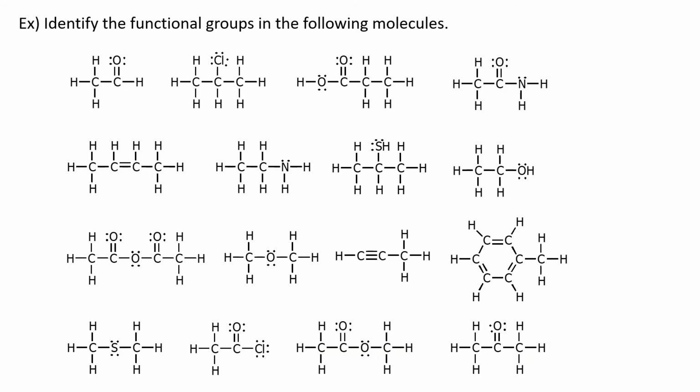Now, the first important skill is to be able to look at a Lewis structure and bond line structure and identify the functional groups present. So, what I would recommend doing is using the table at the end of the notes and look for the patterns.